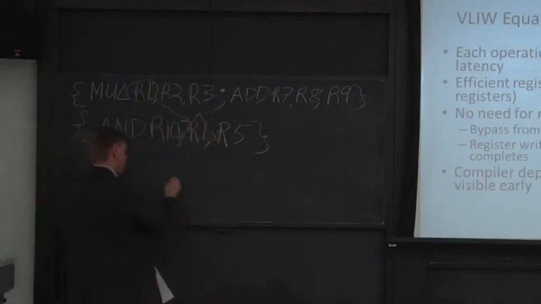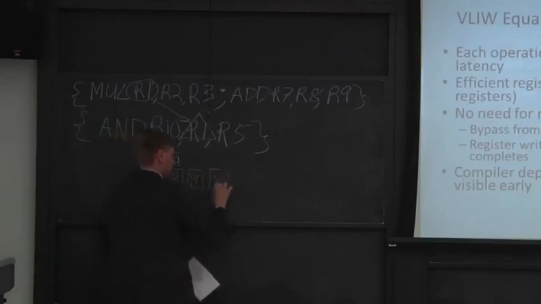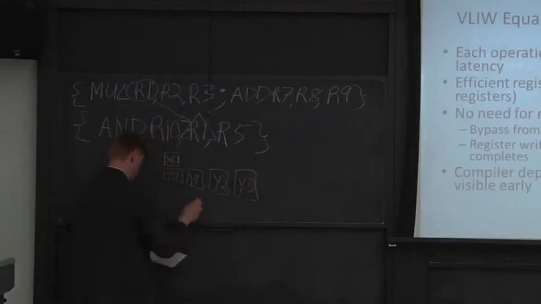And let's say our pipeline looks like this. We have x0, which does ALU ops. We have y0, y1, y2, y3, and then we have, let's say, a two-stage memory pipeline.